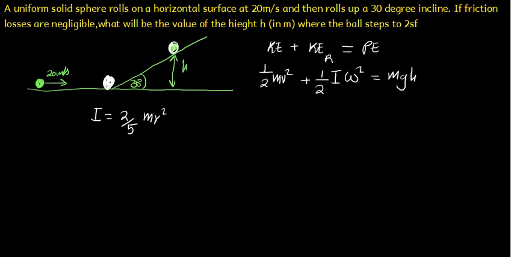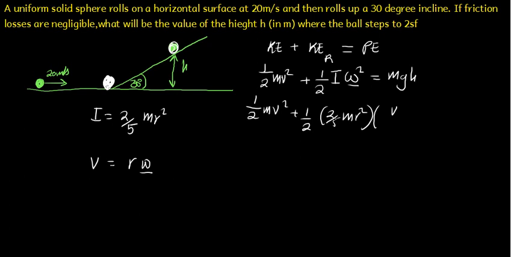We know that linear speed is always the radius times the angular speed. So this becomes half mass times velocity squared plus half, where there is the moment of inertia we substitute 2 over 5 mass radius squared, and where there is omega we make omega the subject, which is v over r, squared.